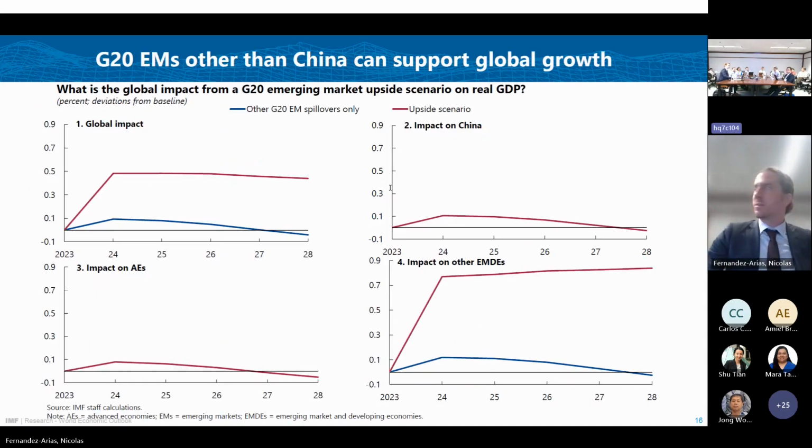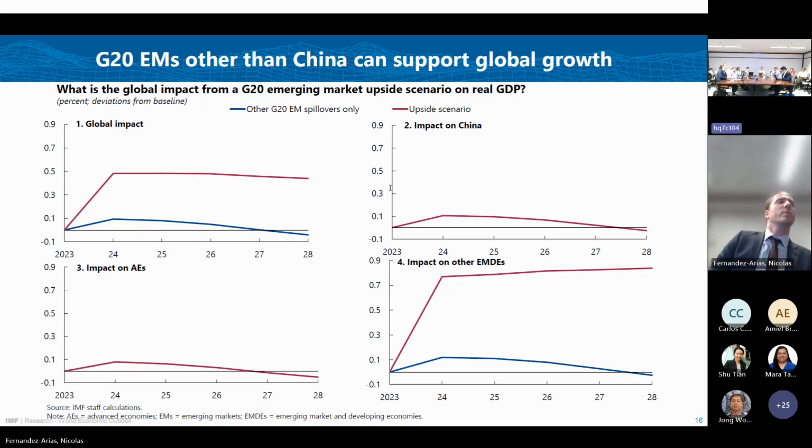Very quickly, this is the fourth model simulation that we do, where we look at a scenario for other G20 emerging markets that has about a 30% chance of higher growth than the baseline, based on the historical growth experience of these economies.